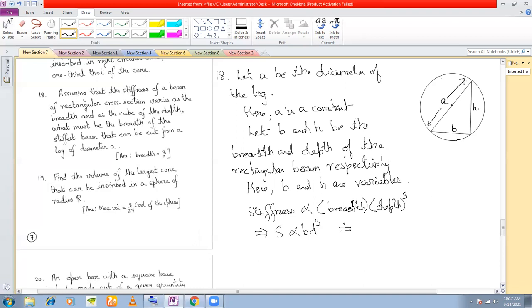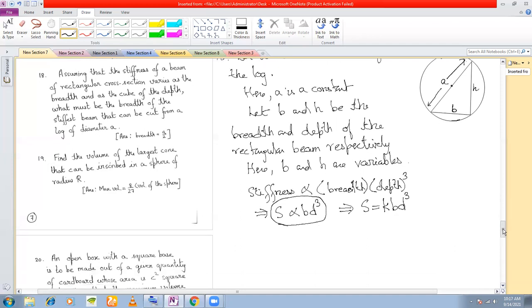Now you know if you have done variations in class 8, I think I had discussed. And if you remember, if S varies as BD cube, then you can write this as S is equal to some constant times BD cube, right? Even if you have not done variations, just remember that whenever you see this, mostly science students will know it. You must have done it in physics also last year.